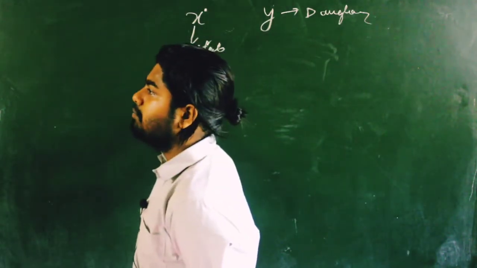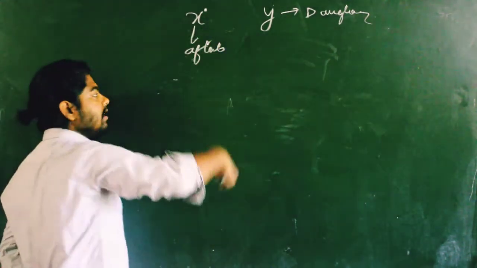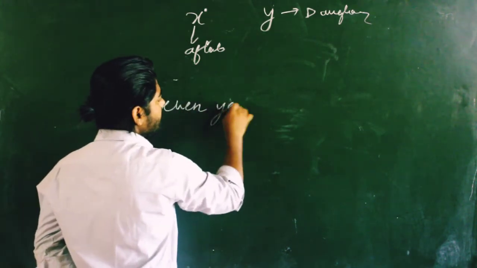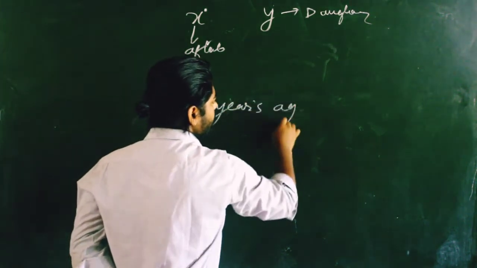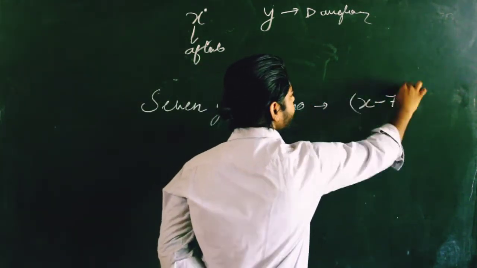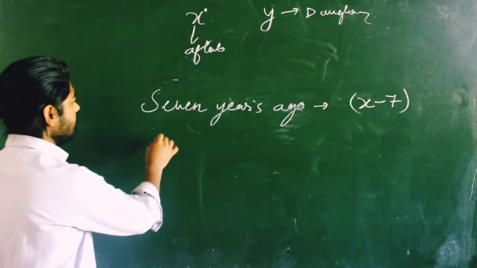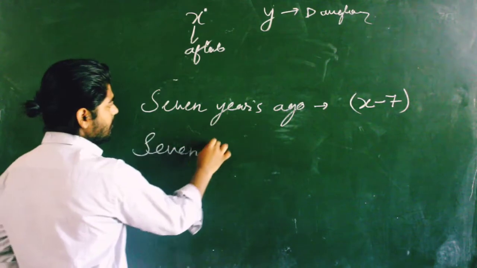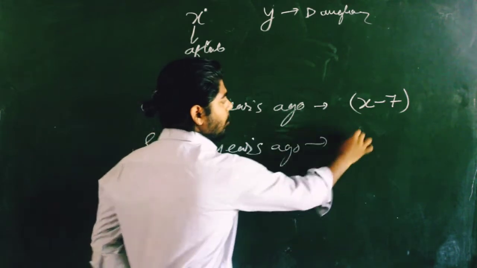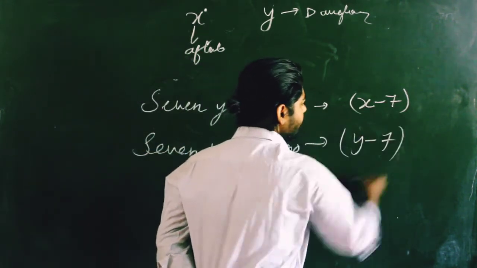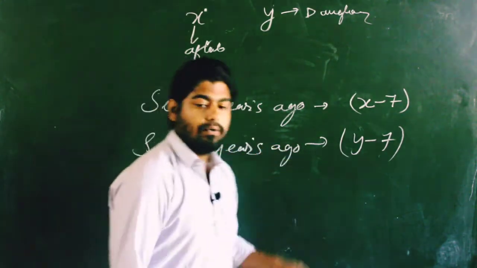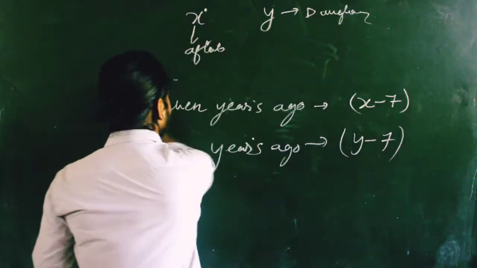If Aftab's current age is X, then 7 years ago he will be x minus 7, and his daughter will be y minus 7. So we know what their ages were 7 years ago. Now we will see according to the question.